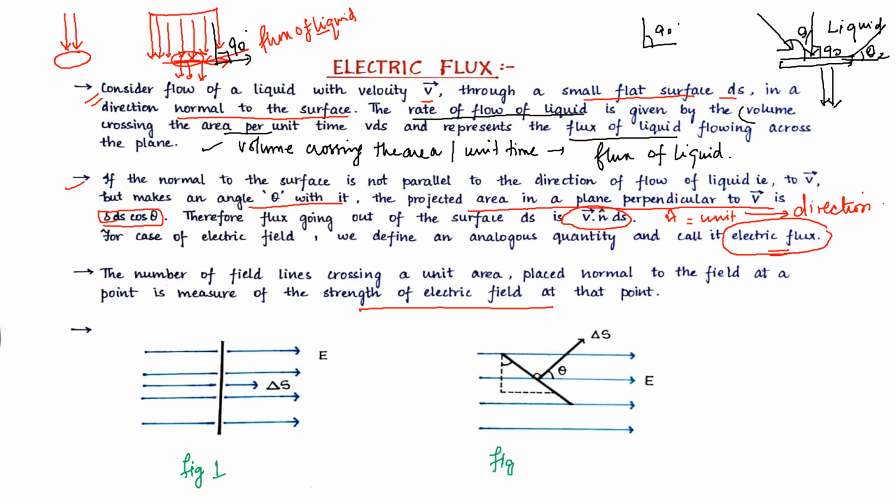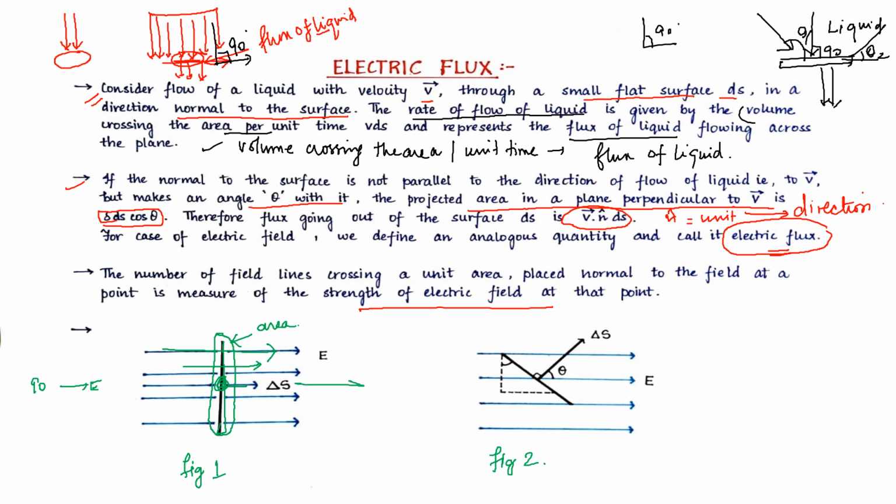This is figure 2. Here field lines are going in this direction, straight, and this is our surface area, some kind of area we have placed to measure how many electric field lines are passing through it. So both are in the same direction. This area is making 90 degrees with the electric field, but the vector of this particular area is parallel to the electric field.